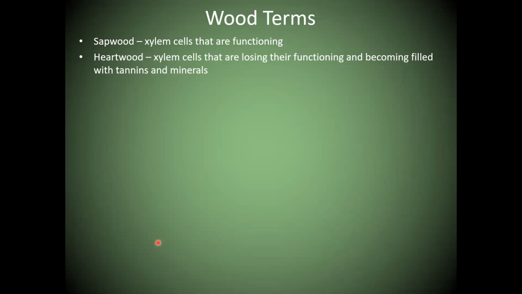So those older xylem tissues will not be able to transport minerals and water because they are blocked, right? But blocking becomes an advantage because that kind of blocking with tannins, with resins, and with other organic and mineral compounds will add strength to the xylem tissue, and that will also help to provide more rigidity and strength to the stem itself.